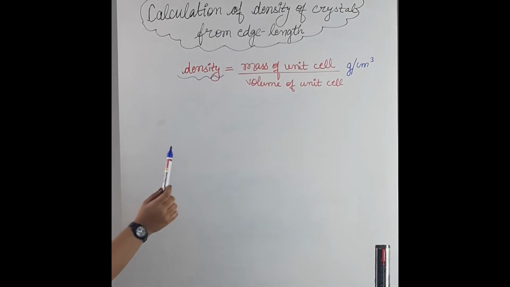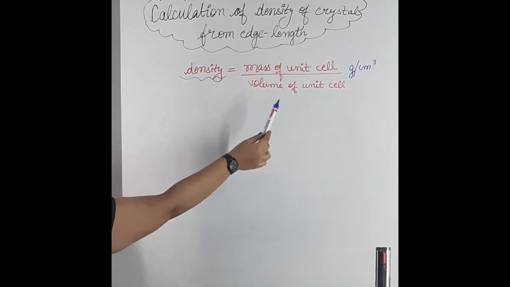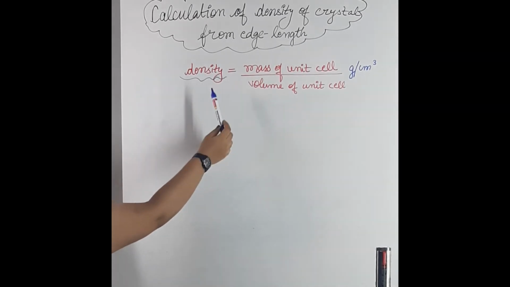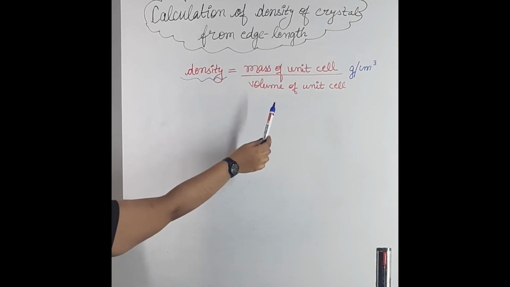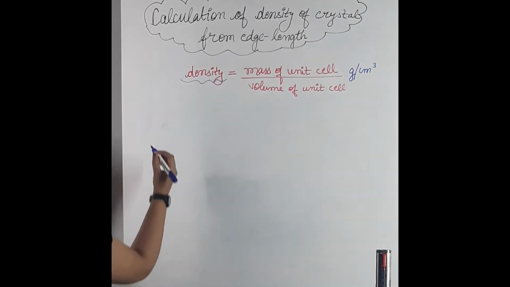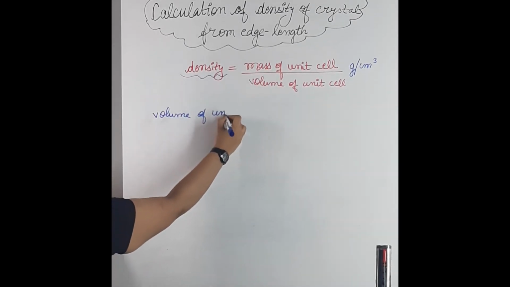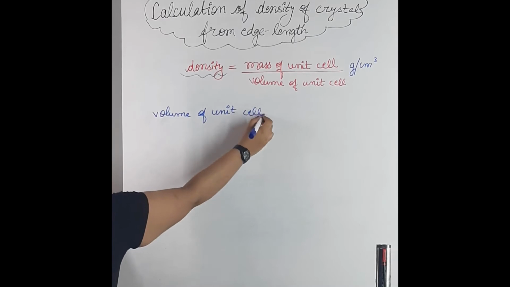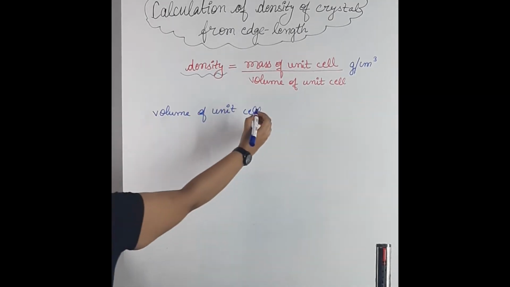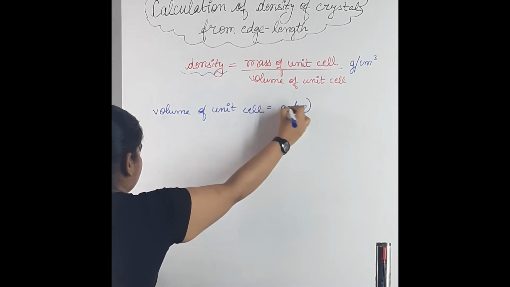And as we know, we calculate mass in terms of gram and volume in terms of centimeter cube. So the unit of density is gram per centimeter cube, and the volume of unit cell is equal to a picometer cube.